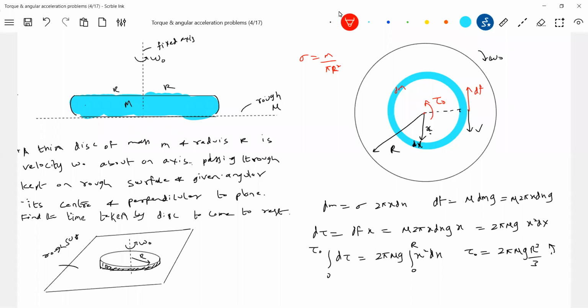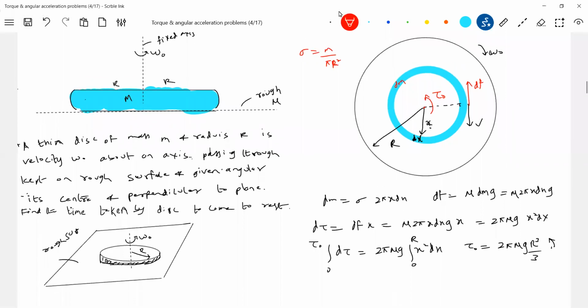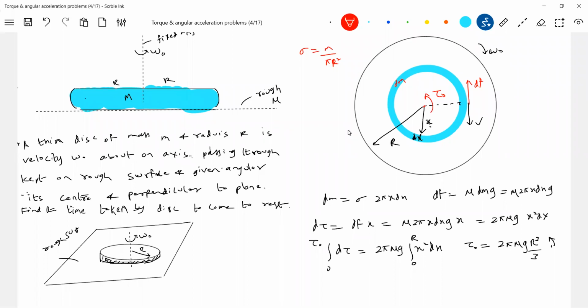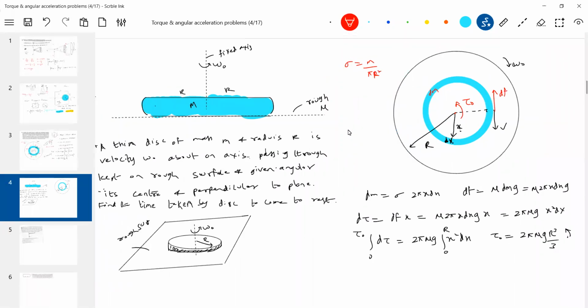Let's calculate angular acceleration. Sigma is missing here, it should be there: 2 pi mu sigma g R cube by 3.